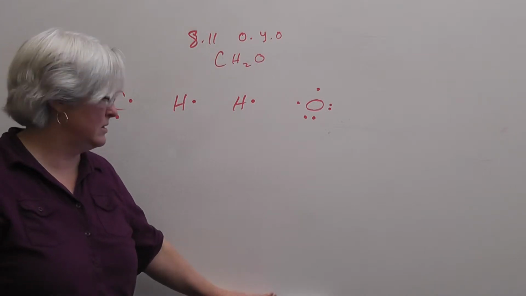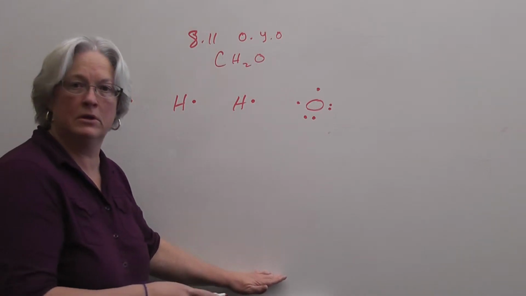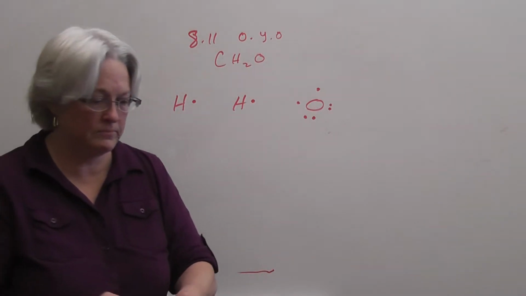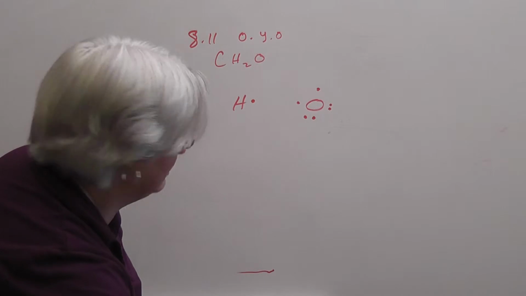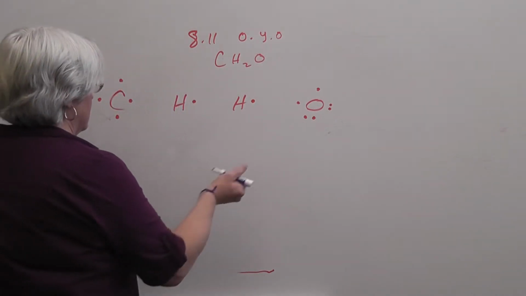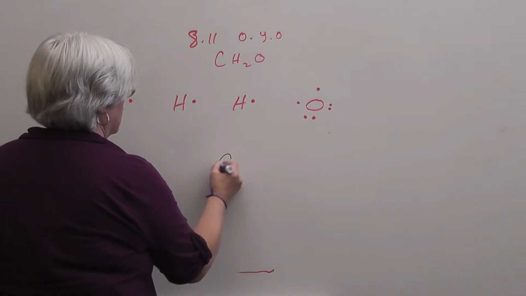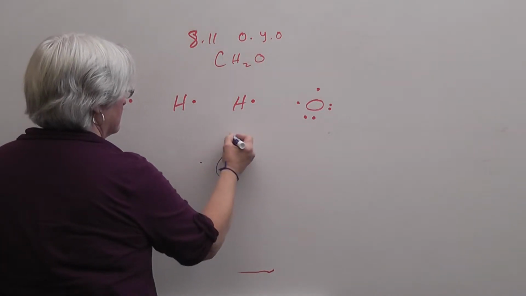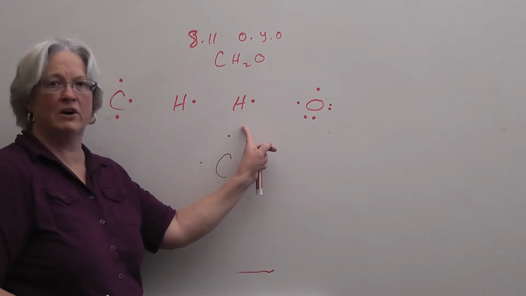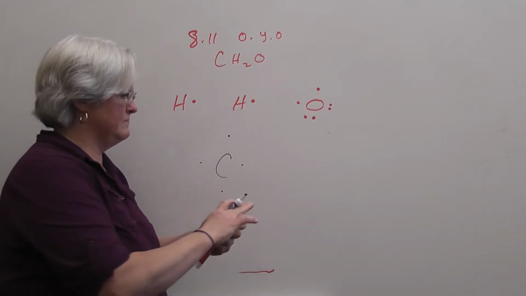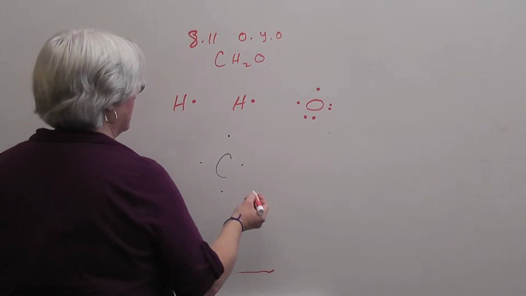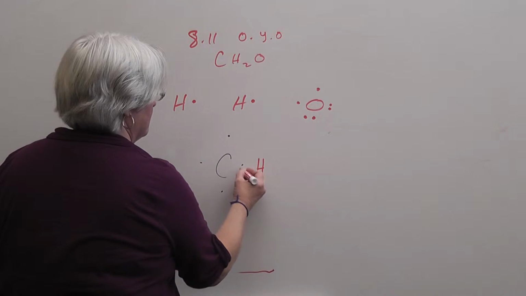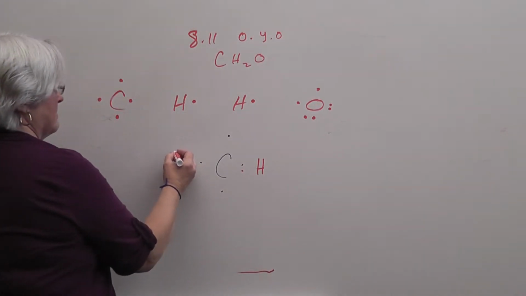So let me see where you're going to be able to see me. You're going to be able to see me right here. Okay. So if we have carbon right here in the middle, we have a hydrogen that just needs one. So how about if we put a hydrogen here, and we put a hydrogen here.